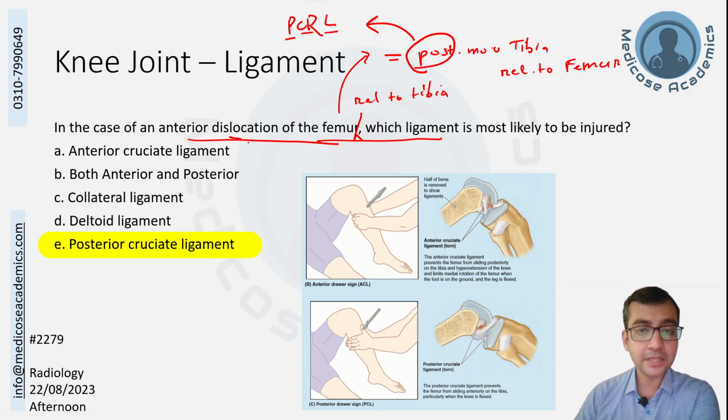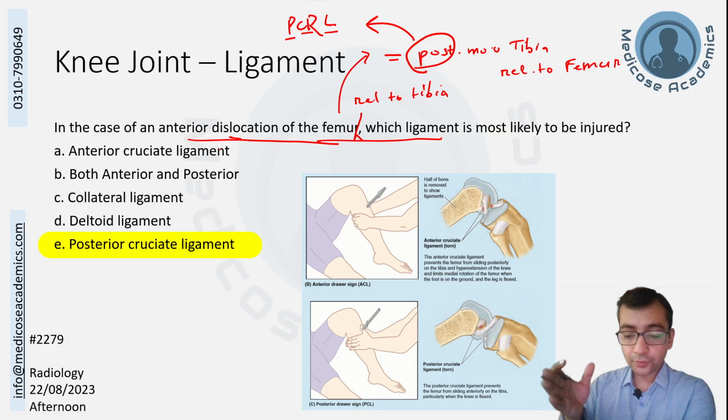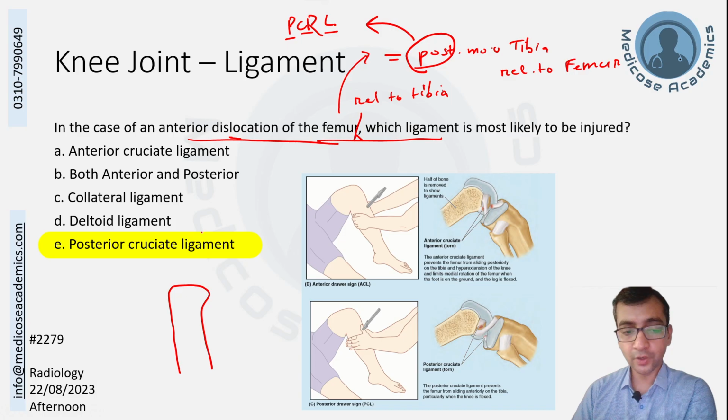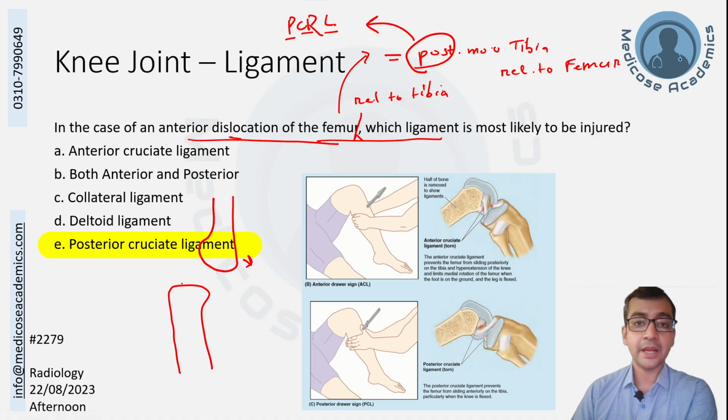This question is asked in another way. If a person is moving down the stairs, the foot is planted on the ground, the tibia is fixed. Due to the downward movement, the femur may move anteriorly due to gravity, and that is made possible due to the loss of function of the posterior cruciate ligament.